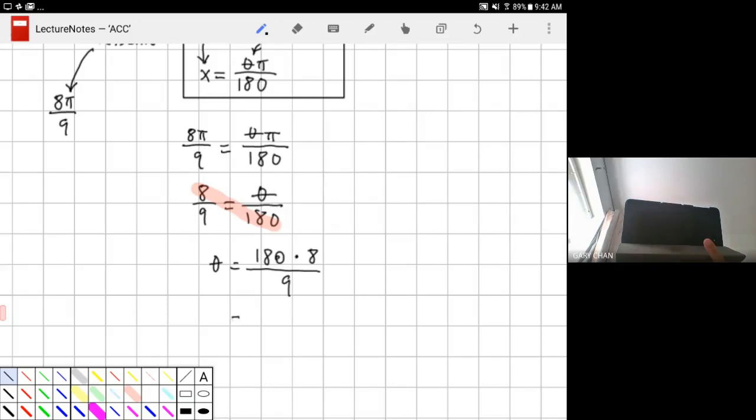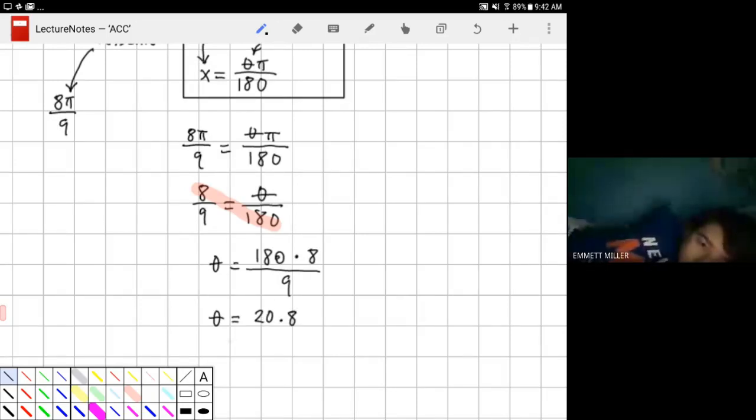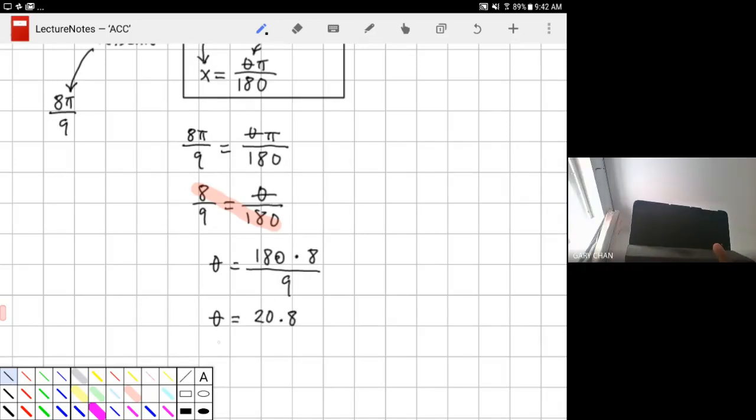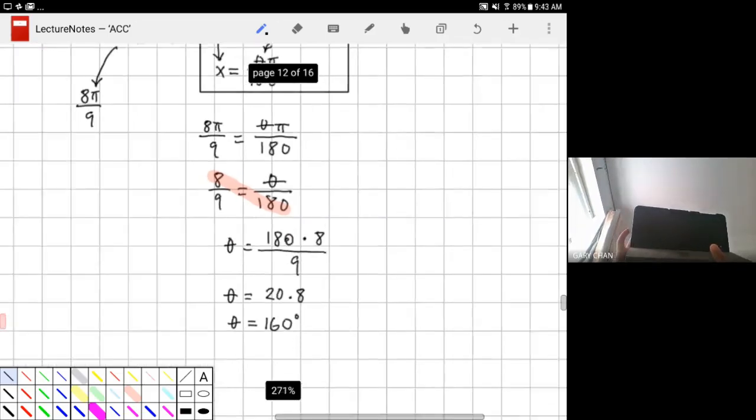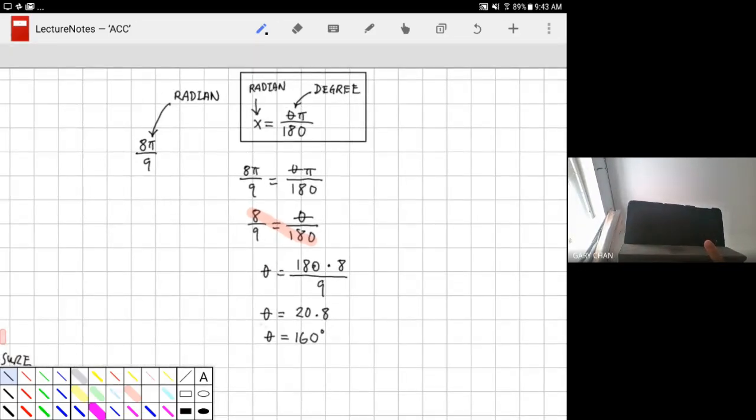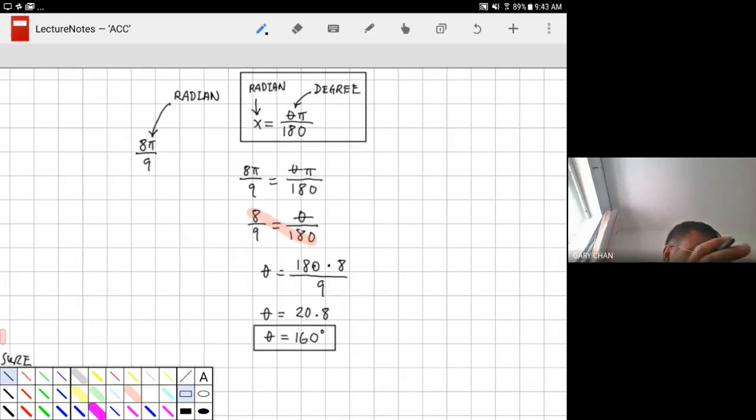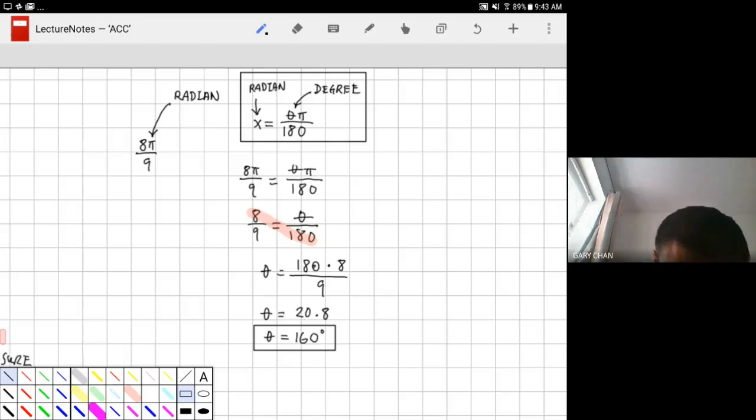How many times does 9 go into 180? 20. So this becomes 20 times 8, which is 160. So that's how you would do that. This is 160 degrees. That's the conversion there, guys.